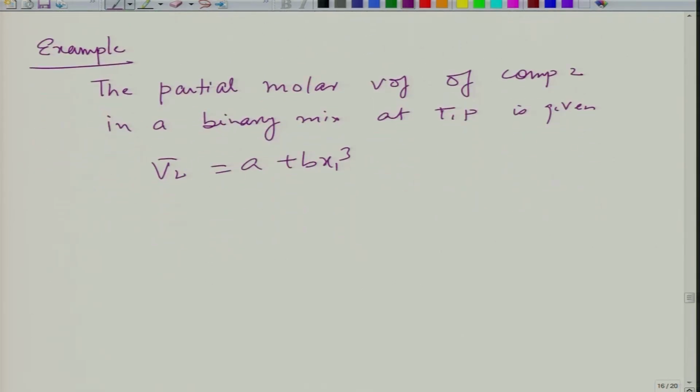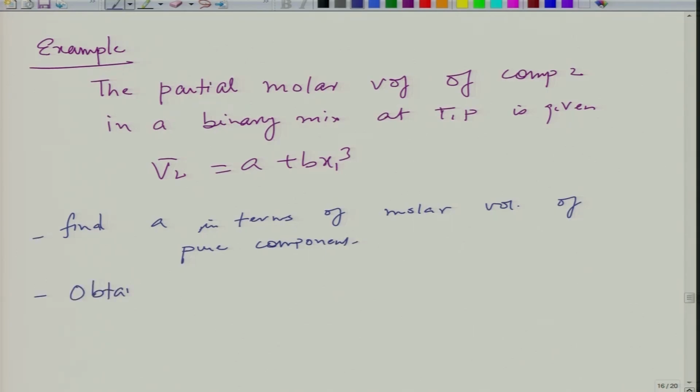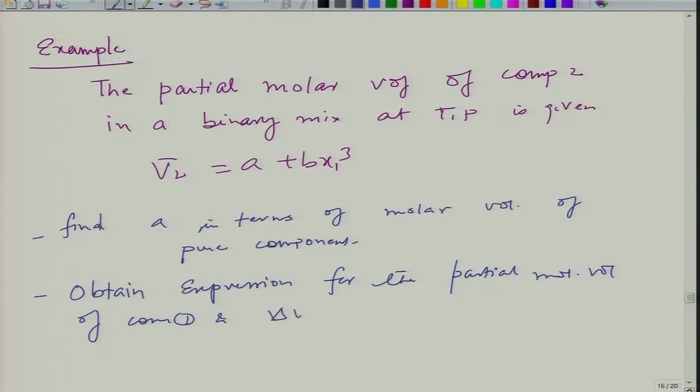So, what is being asked is to relate the constant A. So, find A in terms of molar volume of pure component and obtain an expression for the partial molar volume of component 1 and volume of mixing.